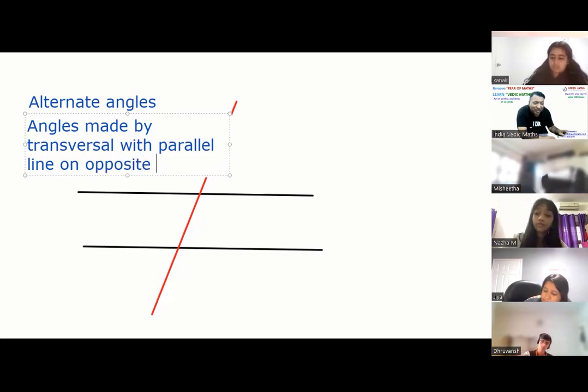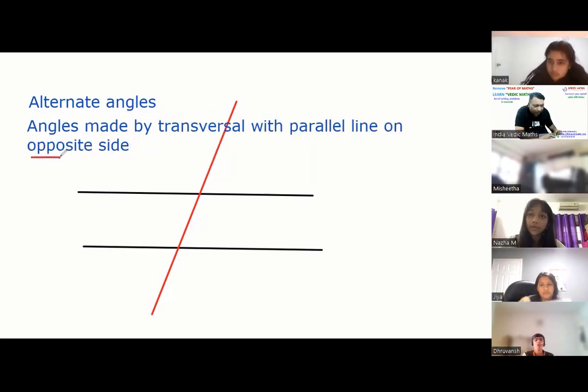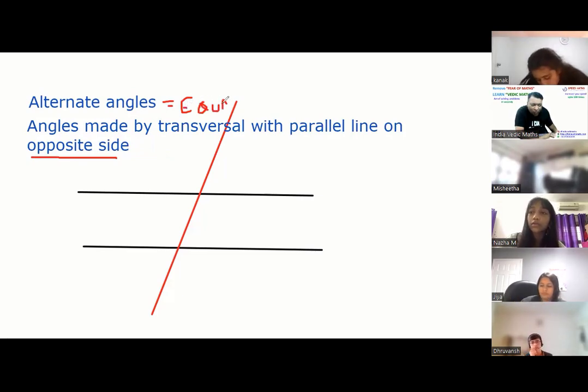If you understand opposite side, you can do this question very easily. The important word here is opposite side. Alternate angles are always equal, okay? But how to find an alternate angle is important.